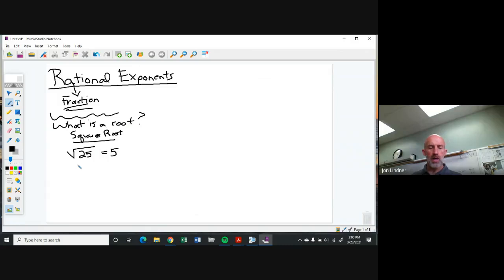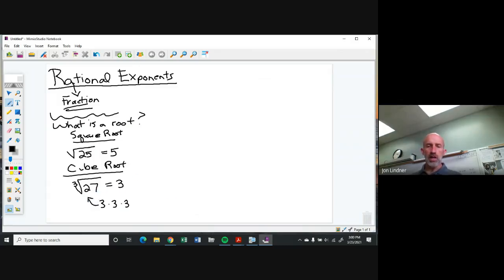And if we're talking about a cube root, which normally has that little 3 there, if I had the cube root of 27, the number I would cube to get 27 would be 3, because 3 times 3 times 3 makes 27.